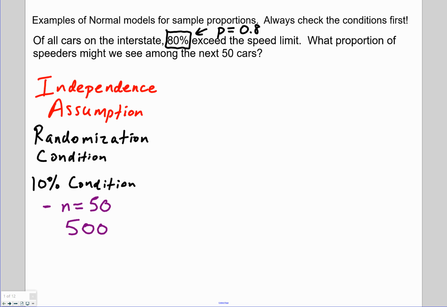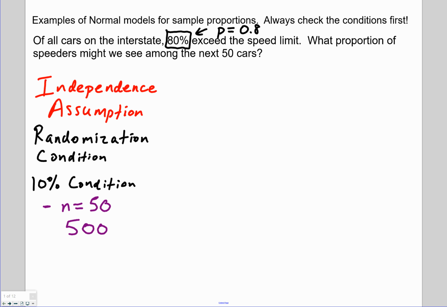All right, I'll repeat that for those listening at home. We multiplied our sample size times 10. We said it was 500. As long as we think there are more cars on the freeways in the city of Houston, our population is more than 500, we're okay. 50 is not too large. Everybody good?